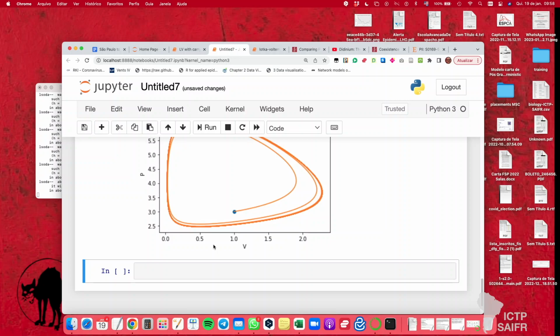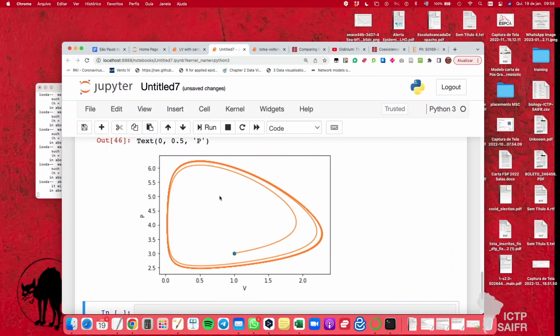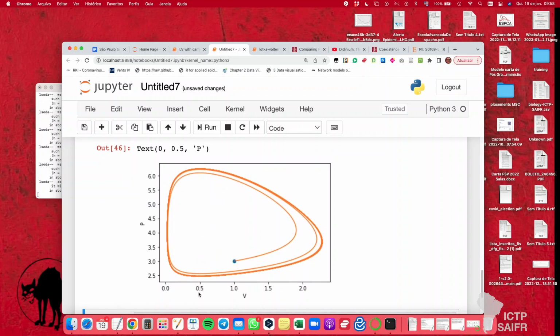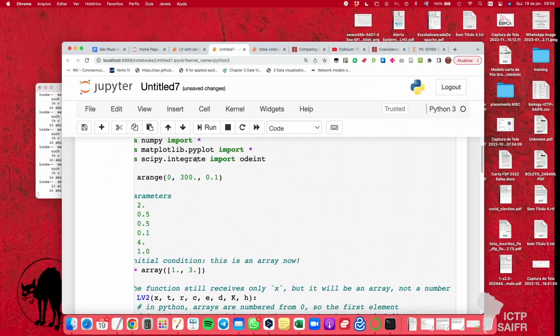So, you see, here I started at this point, and I spiral and go here. Let's say I now start outside this. What will happen? In order to start outside, I will put population V at like 8, for instance. This would be like here. Let me put a V which is larger.